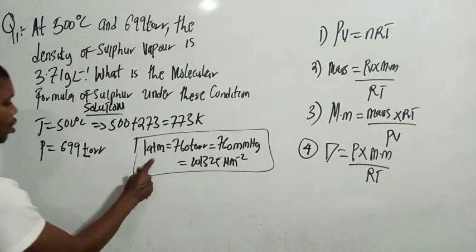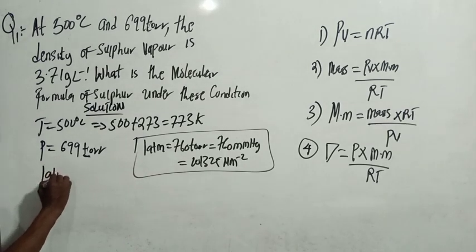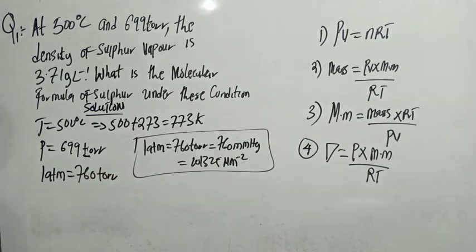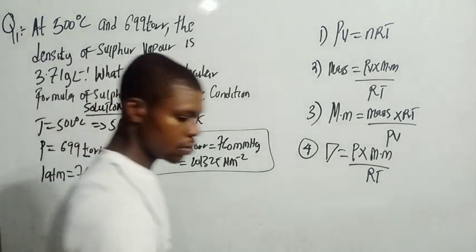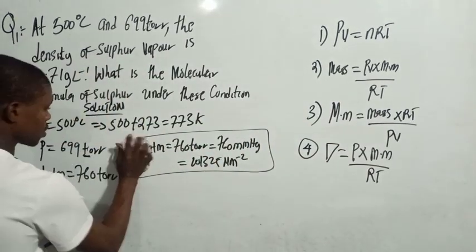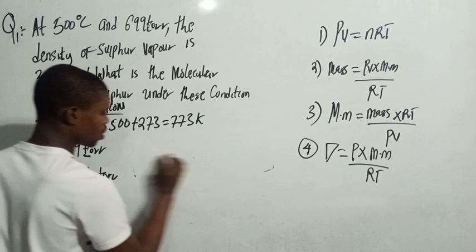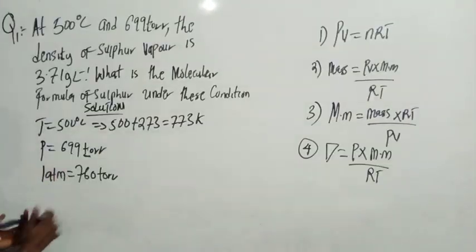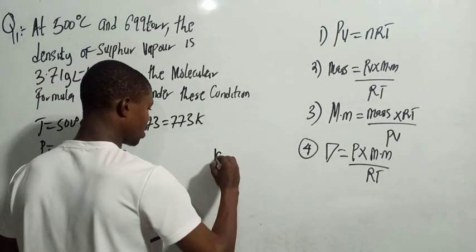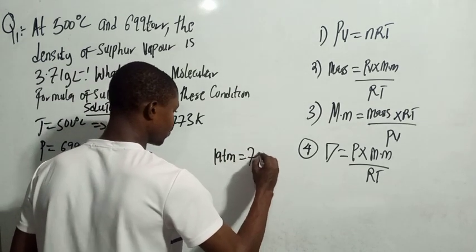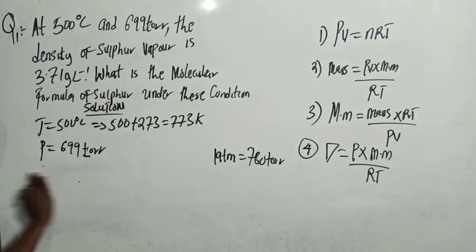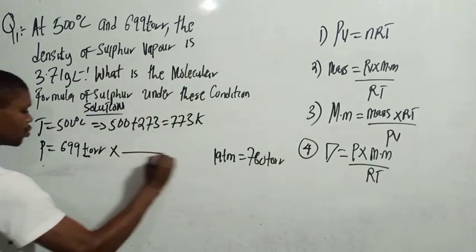So then we are going to use 1 ATM equals 760 torr, because I'm going to convert torr to ATM. So I have to take it from down. Now, when you are converting with 1 ATM equals 760 torr, what you want to do here is to say times.